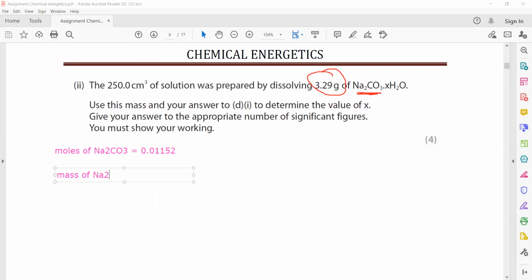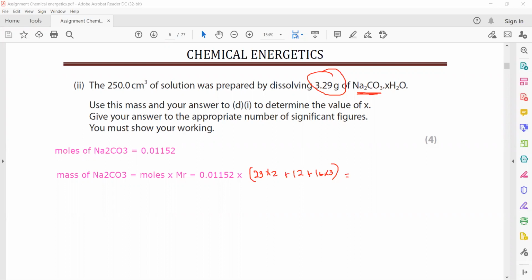Mass of only Na2CO3, or sodium carbonate, is equal to moles multiplied by molar mass. So the moles which we use here, that is 0.01152. And how to work out the molar mass of sodium carbonate: sodium is 23 using a periodic table, multiplied by 2, plus carbon is 12, plus oxygen is 16 multiplied by 3.